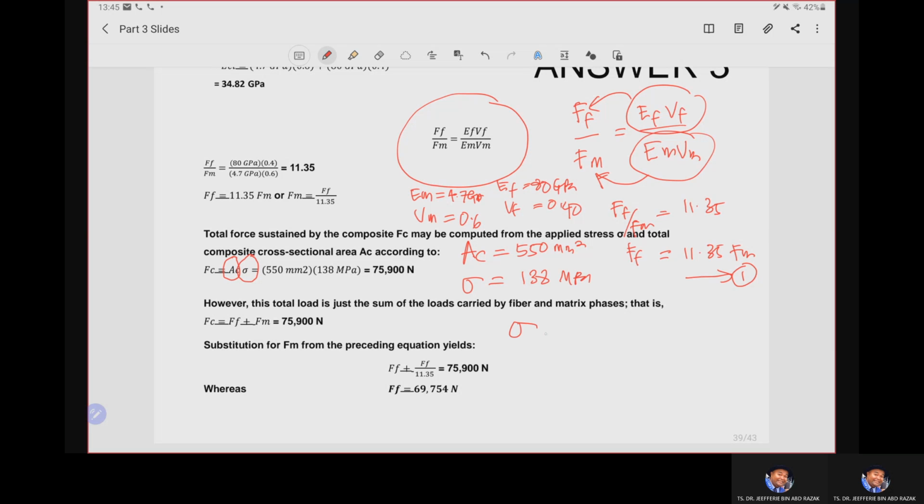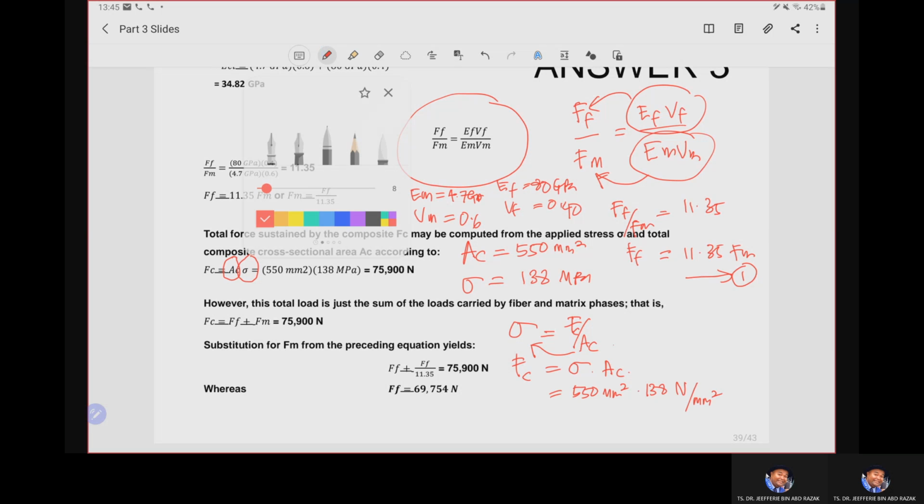Having the relationship sigma equals F over AC, the cross-sectional area of the composite, we can calculate the force loaded to the composite, FC, by multiplying sigma with the cross-sectional area. So having 550 mm squared times 138 megapascal, where megapascal can be changed to Newton per millimeter squared.